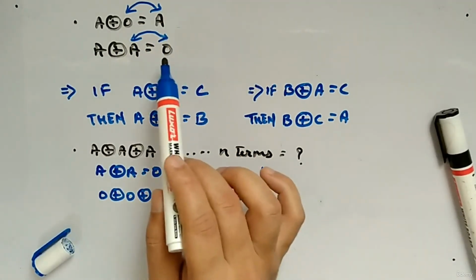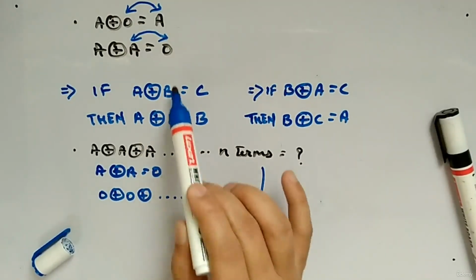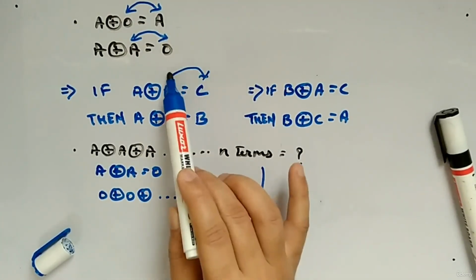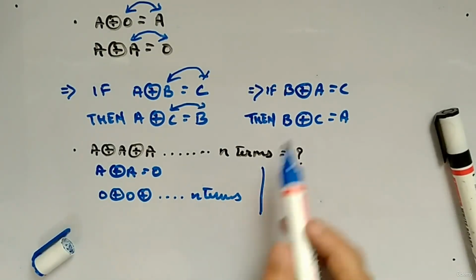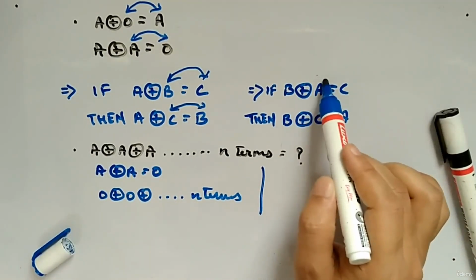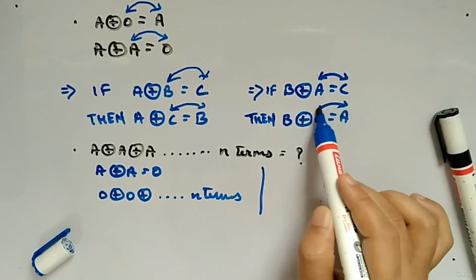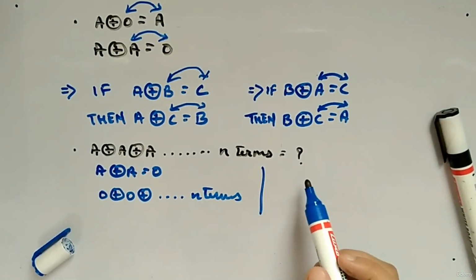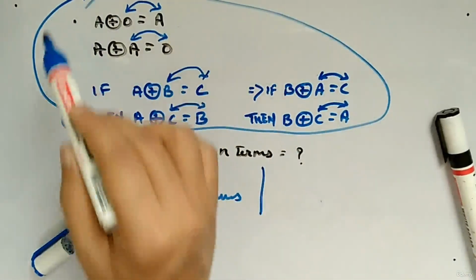What I can generate is, if A XOR B is equal to C, then A XOR C is equal to B. Similarly, if B XOR A is equal to C, we can replace these two terms and we will get B XOR C is equal to A. This is one property.